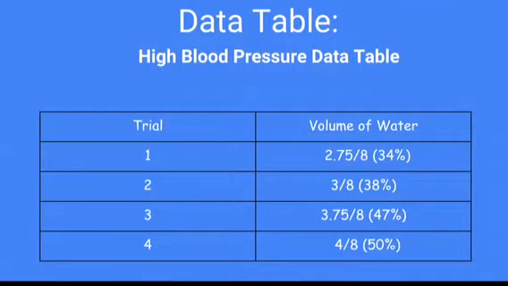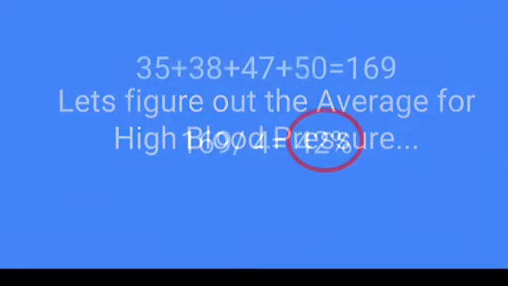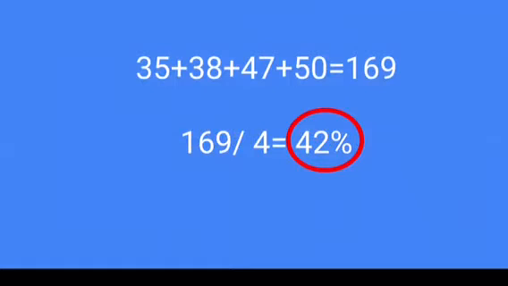Please make sure the high blood pressure data table looks like this one. Let's figure out the average for high blood pressure. Once again, we use the percentages to make math easier. 35 plus 38 plus 47 plus 50 gives us a total of 169. 169 divided by 4 trials gives us an average of 42%.